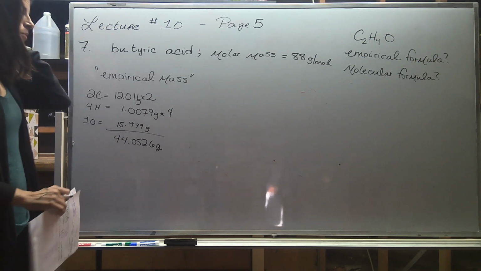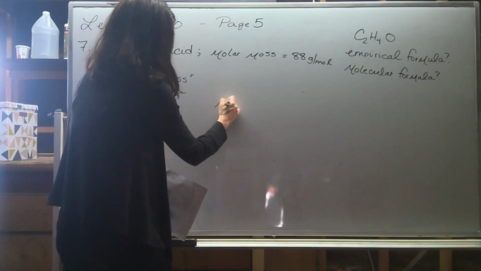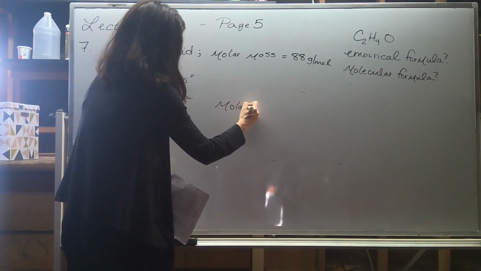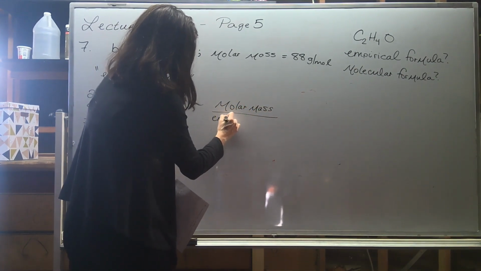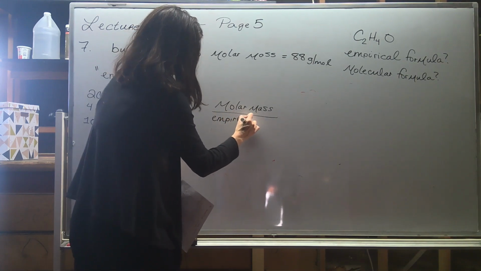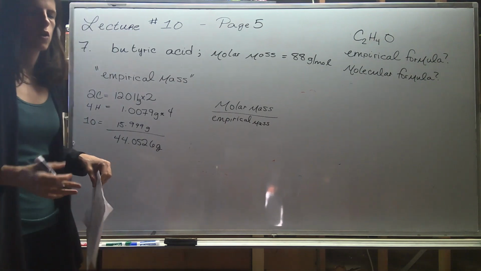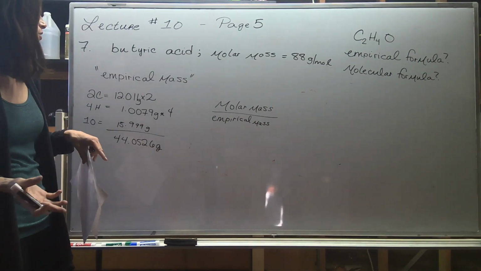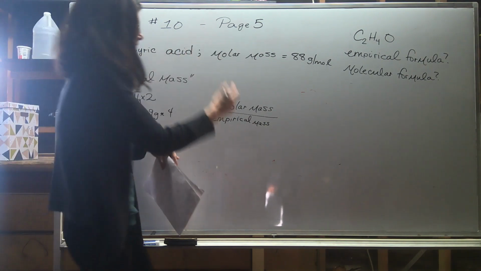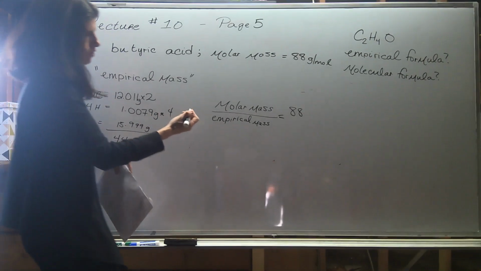Again, just to present it formally, we're going to take our molar mass and divide by that empirical mass. That's going to give us a ratio which tells us how much we need to scale up our empirical mass. So 88 divided by 44.